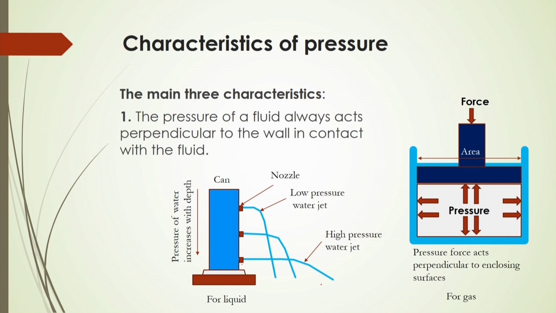Again, in case of gas, suppose this container contains gas, and you apply force from the top of this container. Since the gas is a compressible fluid, it will go downward, but pressure inside that container will be higher. So, if you increase the force there, you can get more pressure.